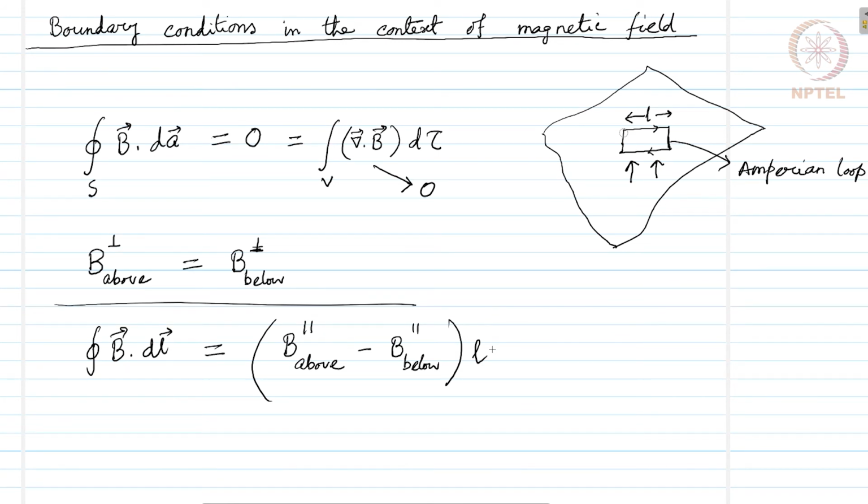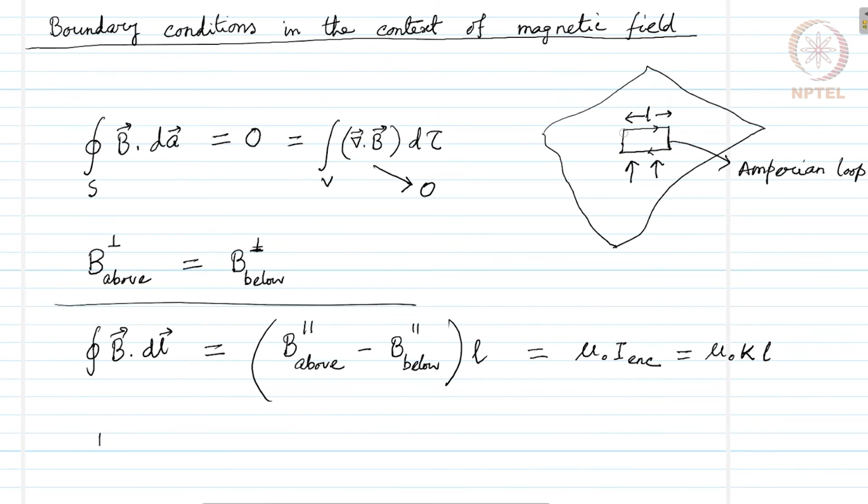So, we have written it in terms of a scalar, and that equals mu naught times the total current enclosed, which is mu naught K times the length of this box L, provided our surface current is uniform.